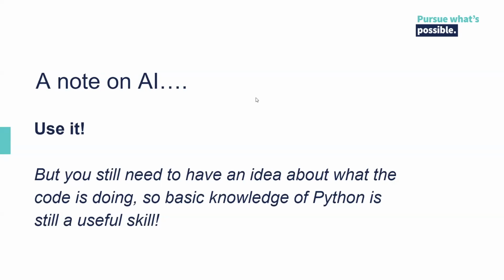So I absolutely recommend using AI. And we'll see when we get into the Google Colab Notebook that AI is baked right in, so it can be really handy for error checking and writing fresh code within the cells here.